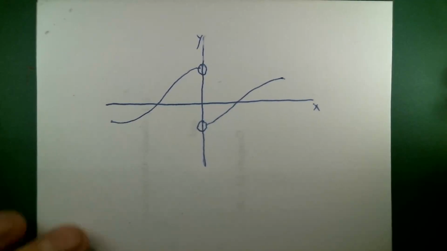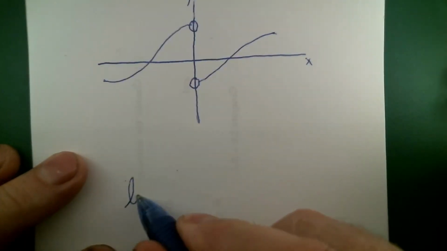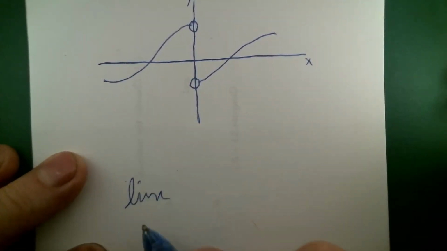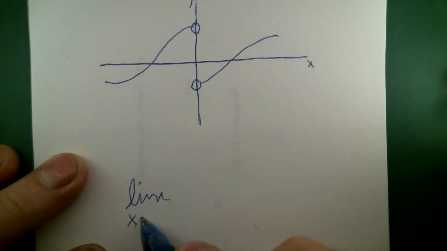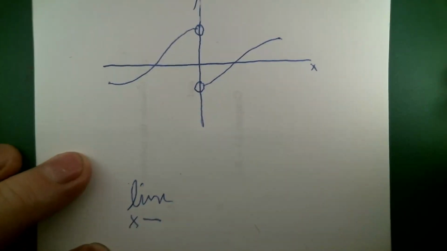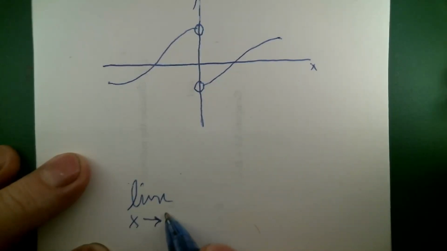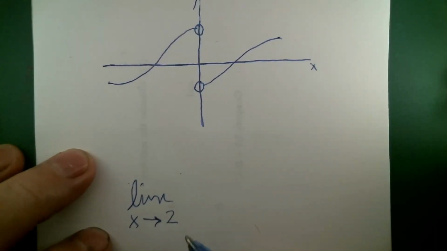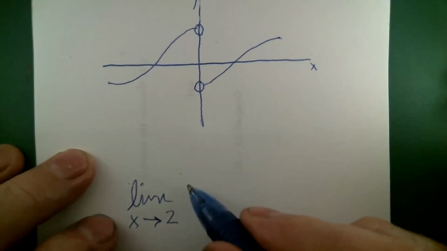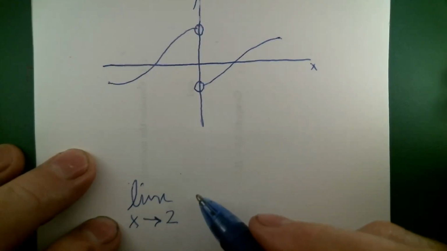I think I, again, want to write this out for you. So we have the limit as x approaches 2. I guess I'll do the cancellation first.